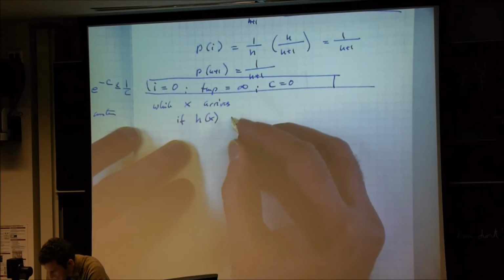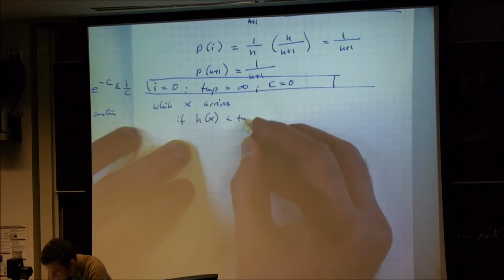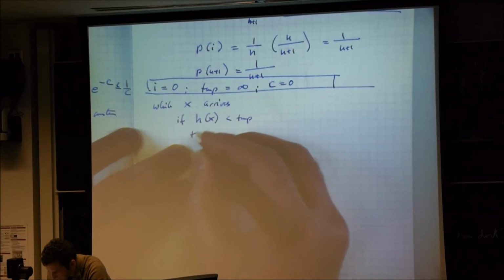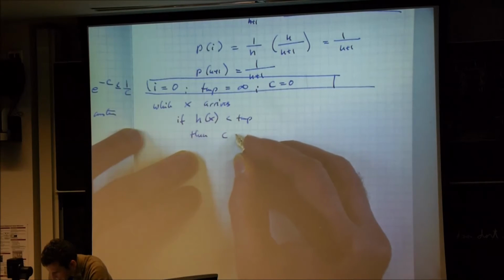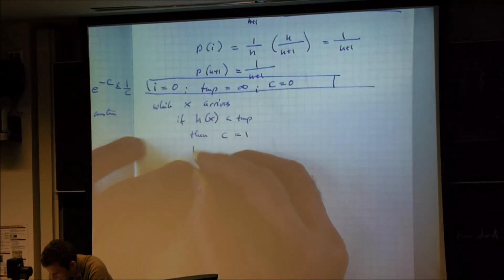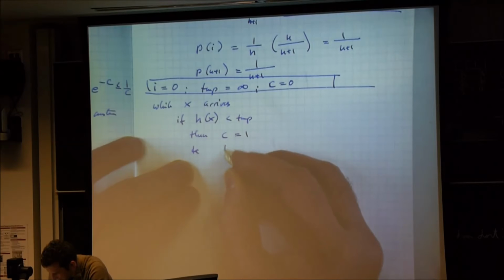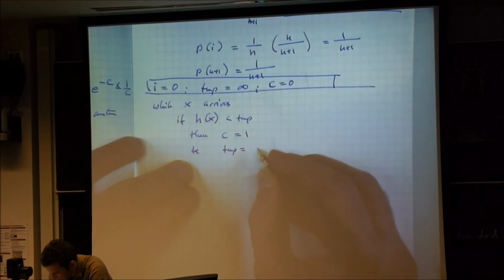If hash of x is less than temp, then set c equals 1, and furthermore set temp equals hash of x.